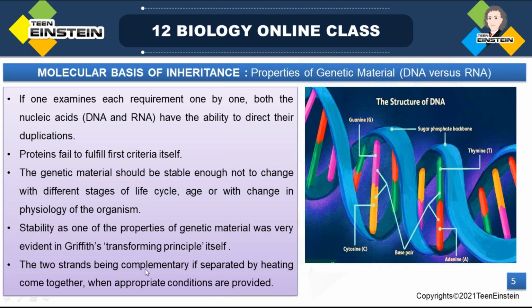Then, two strands being complementary, if separated by heating, come together when appropriate conditions are provided. Two complementary strands of a DNA will get separated if heated, and when suitable conditions are provided, again they will come together and get attached.